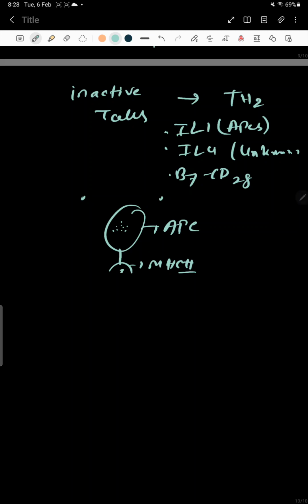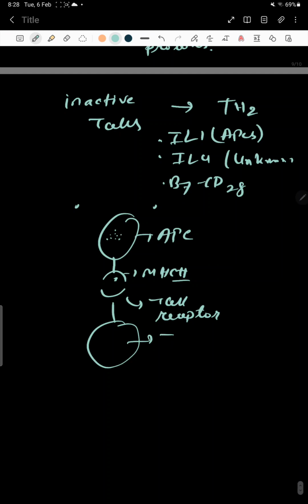Now, this antigenic peptide is presented to the T cell receptor, and this is the T cell which is getting activated into the Th2 type.